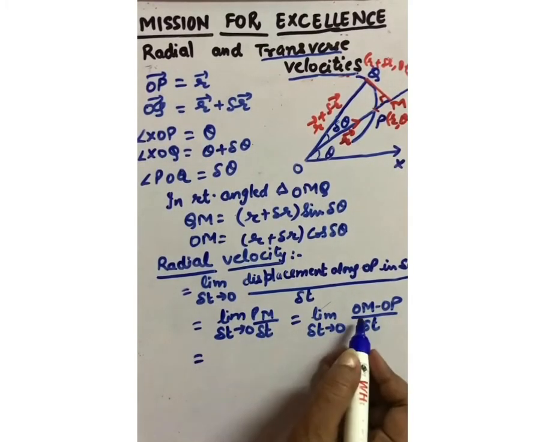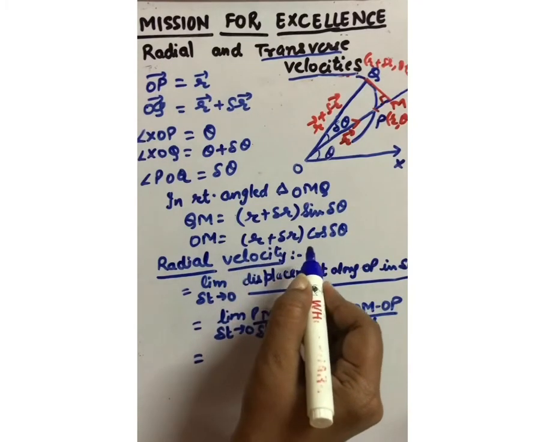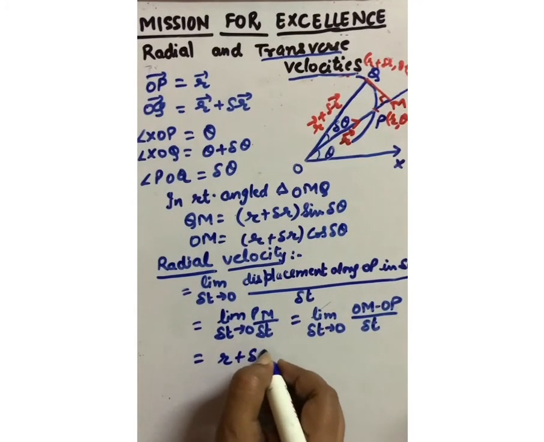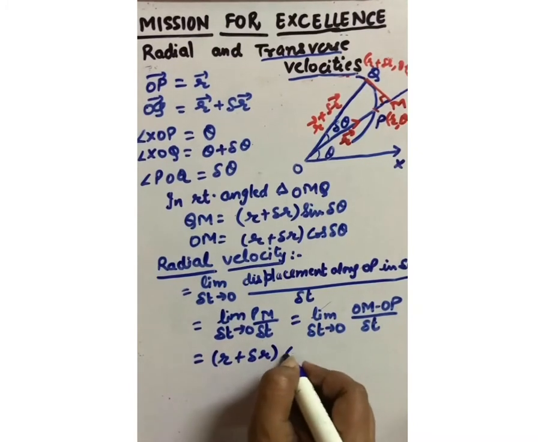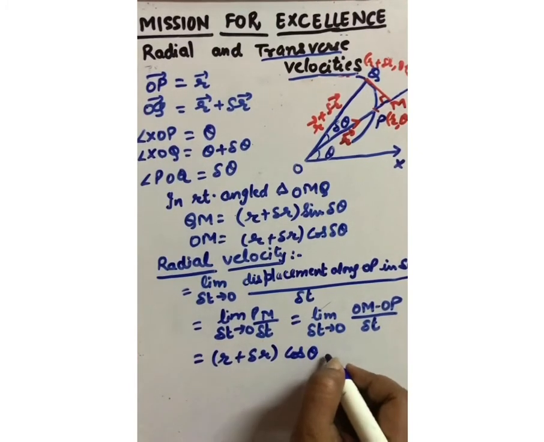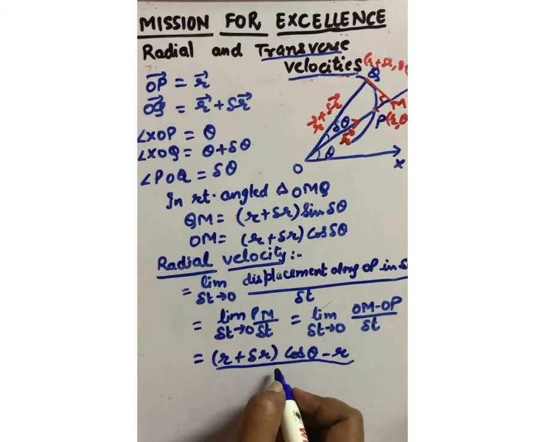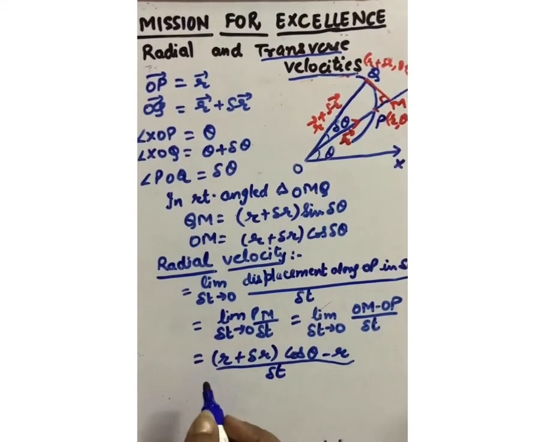So now OM we have R plus delta R cos delta theta. So it is R plus delta R cos delta theta minus R by delta t, and we take here limit delta t tends to 0.